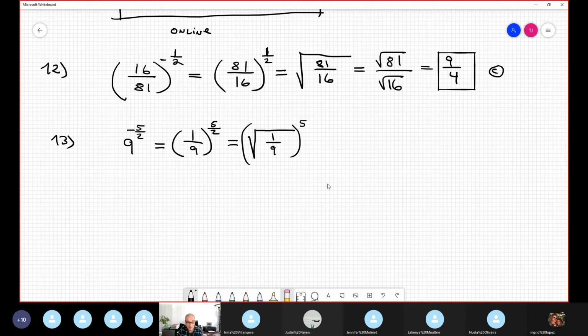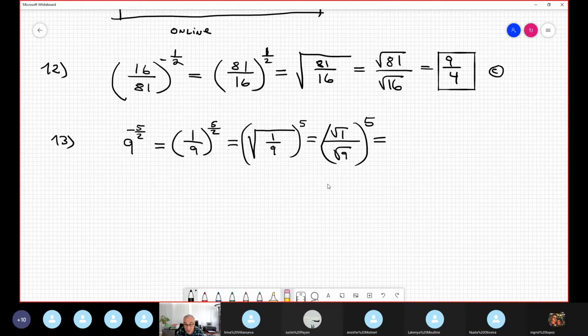It's the same, guys. Why? Because it's easier to do it that way. Look, you separate: radical 1 over radical 9 raised to the 5th power.